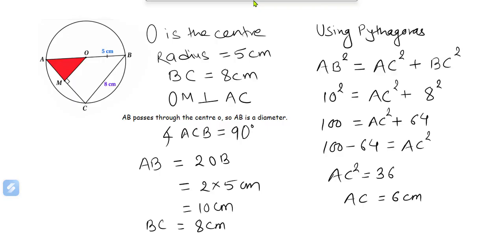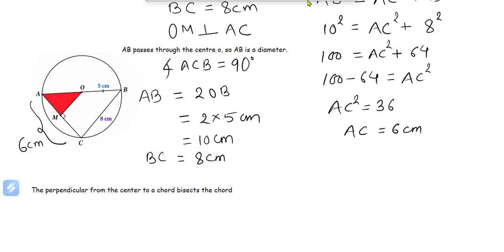So we have the length from A to C, which is now 6 centimeter. The perpendicular from the center to a chord bisects that chord.